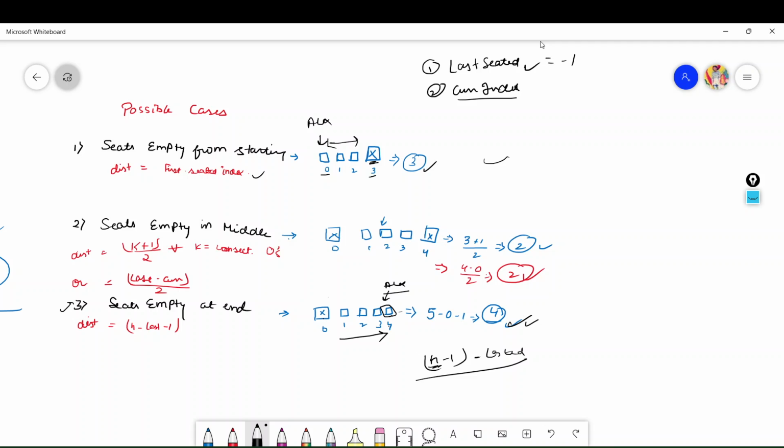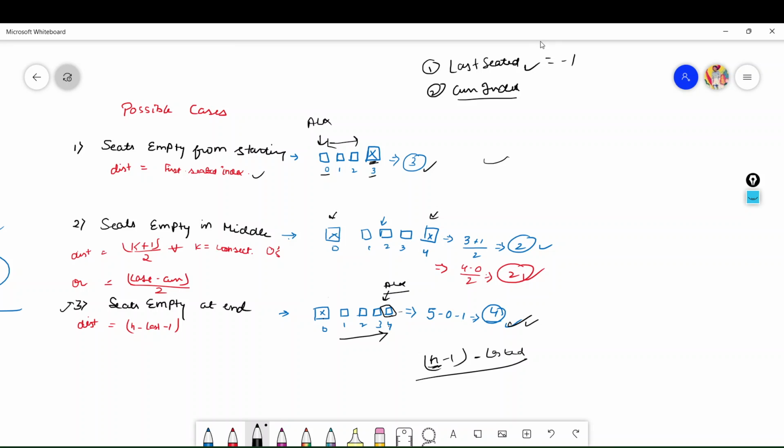Now let's look at the case where the starting seat or the end seat is already occupied, and Alex has to sit on the middle seats, right? So what could be the maximum distance he can enjoy? There is one simple way of finding this out: suppose some k consecutive seats are empty for him to sit.